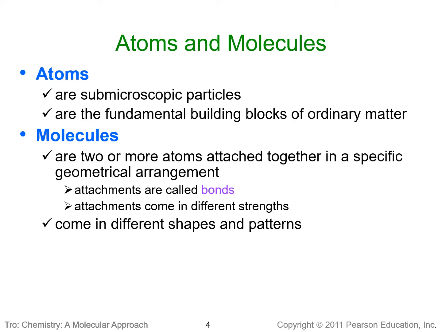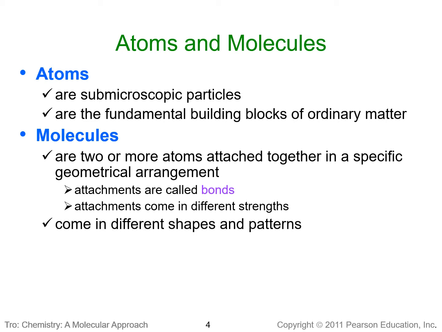And we'll learn more about how and why they bond or attach to each other in the way they do in future chapters. They do come in different strengths, and we'll learn about the different strengths of bonds. So we have things like ionic bonds and covalent bonds, and they bond in different shapes and patterns.